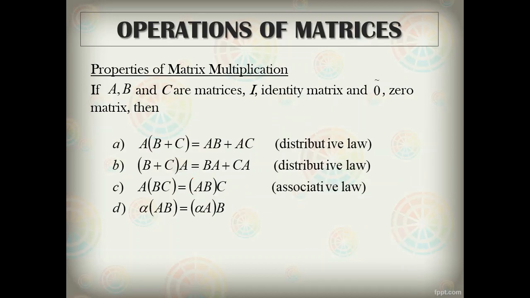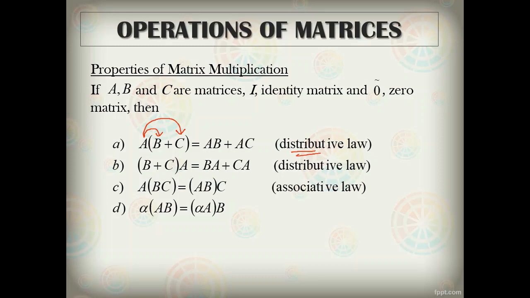This is the property of matrix multiplication. The first property follows the distributive law, where matrix A multiplied to the addition of matrix B and C is equal to adding matrix A times matrix B with matrix A times matrix C. This is the distributive law because you distribute A to B plus AC.